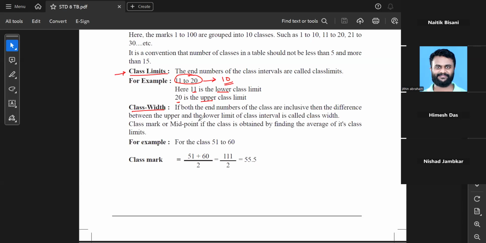So in this case, if we are considering 11 also inside this group and 20 also inside this group, when you count from 11 to 20, your class width is how much? 10 only.